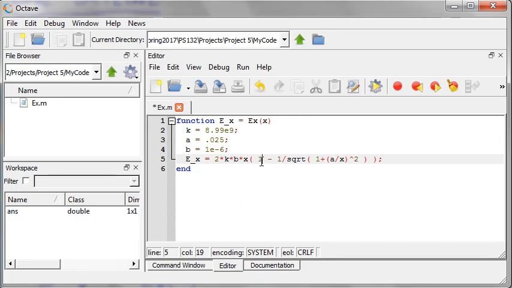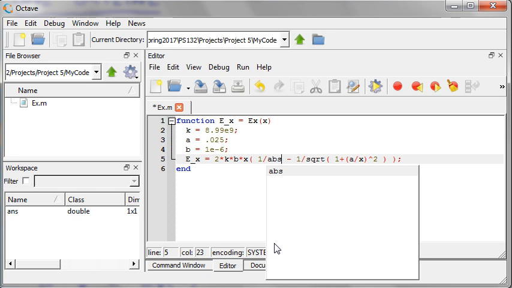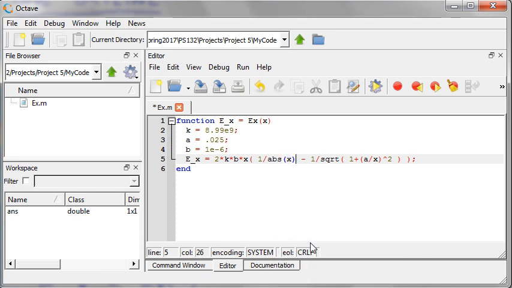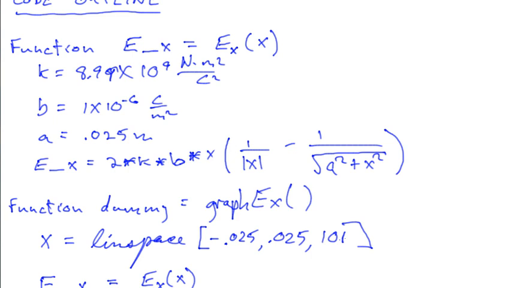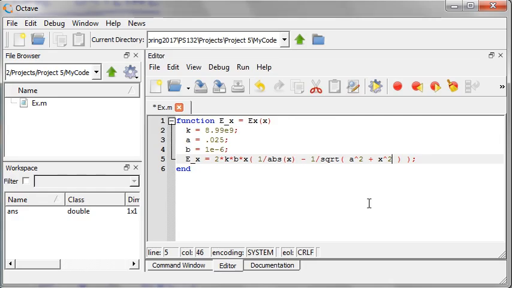So times the x, and then times 1 divided by absolute value of x, abs of x, and then this was a squared plus x squared, I think. Take a look. Alright, I think that looks better.